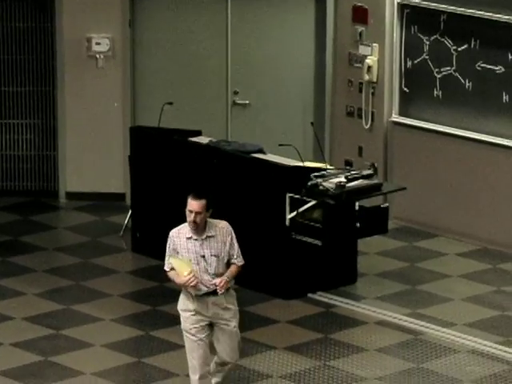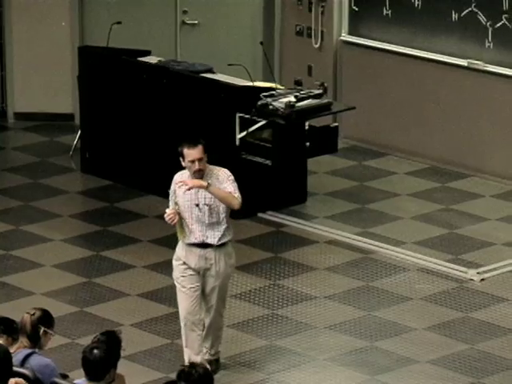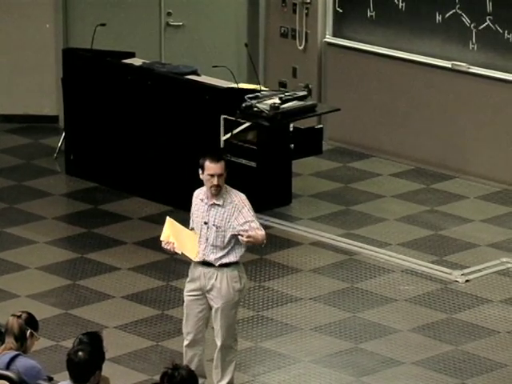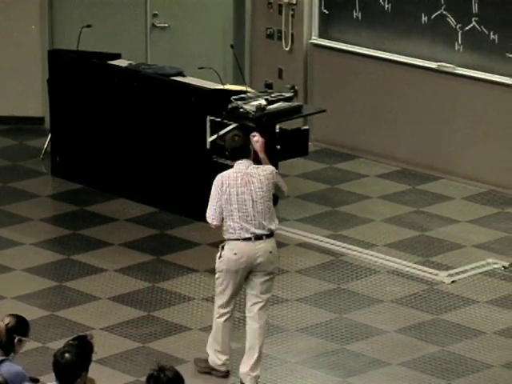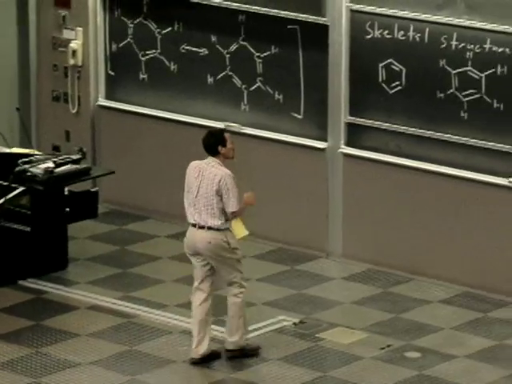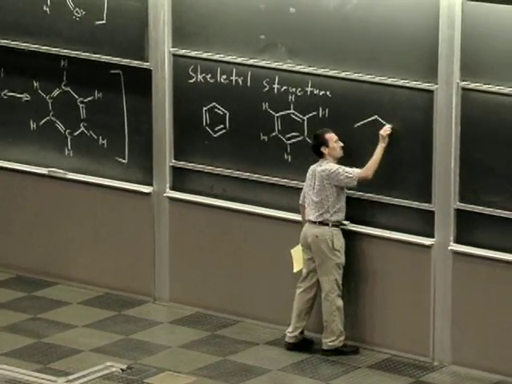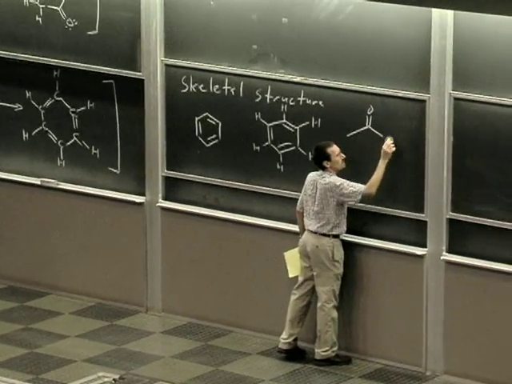As we go on to reactivity, sometimes what I will do is to simply focus, give more detail on the parts of the molecule where something is happening and less on other parts. Let me show you a couple of other structures. If I were scratching out the structure of acetate in a skeletal structure, I would write something like this.